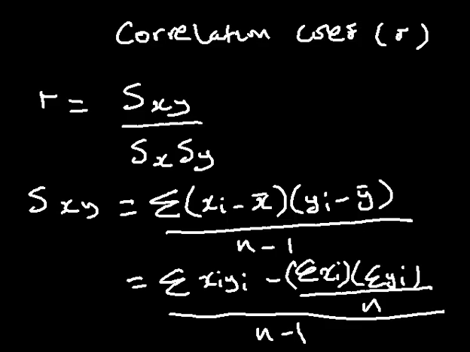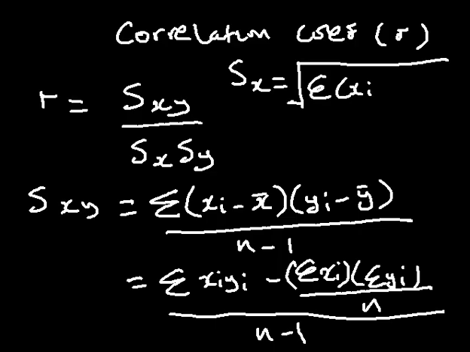And how about the standard deviation for x? By the way, this is a sample standard deviation. The standard deviation for x, s x, is calculated as the square root of the summation of (xi minus x bar) to the power 2 divided by n minus 1.